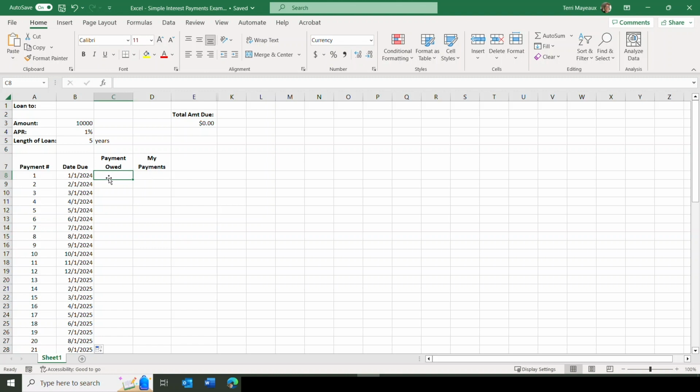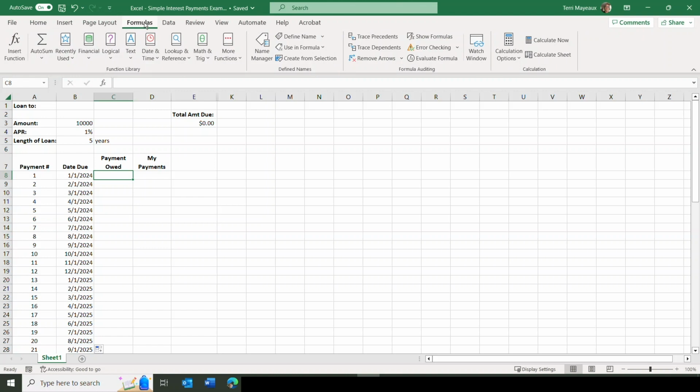Well, in C8 then, for us to determine what the payment is that is owed each month, we need to go to the Formulas tab above the ribbon. It's the 4th tab here.